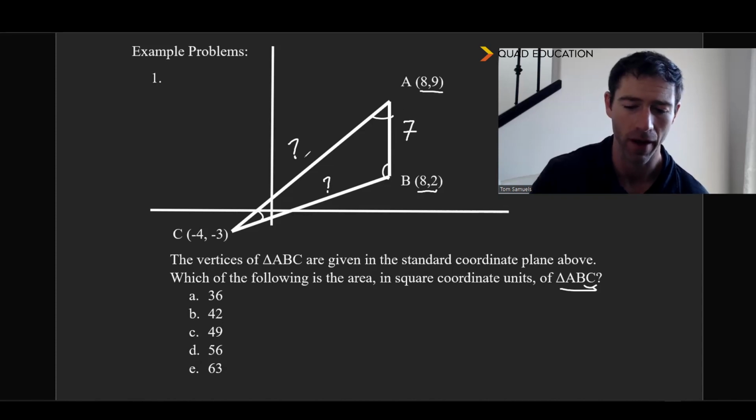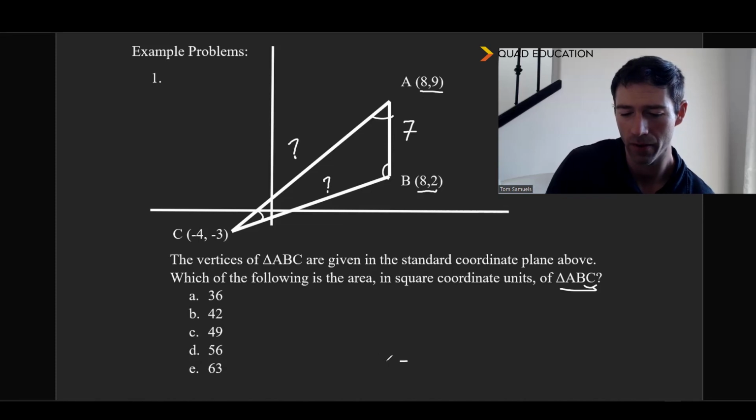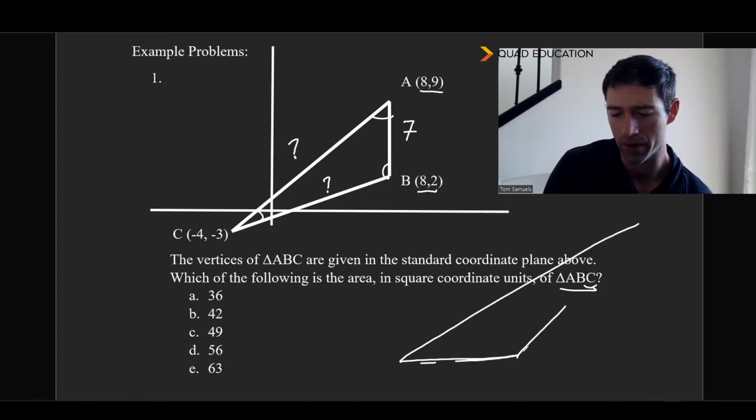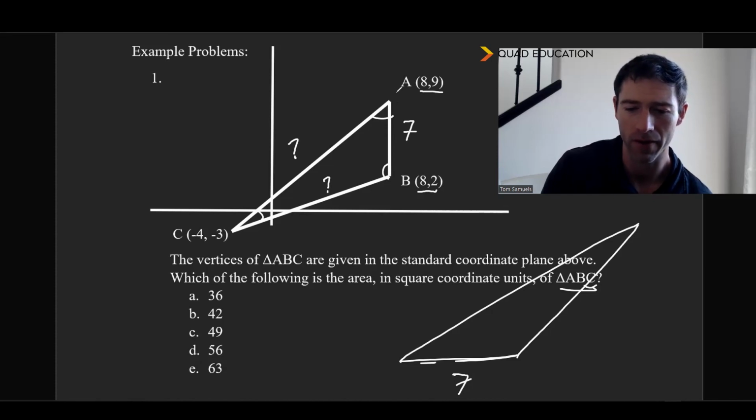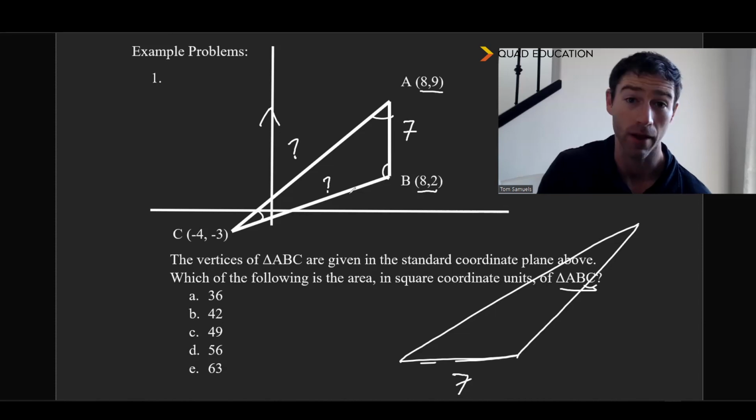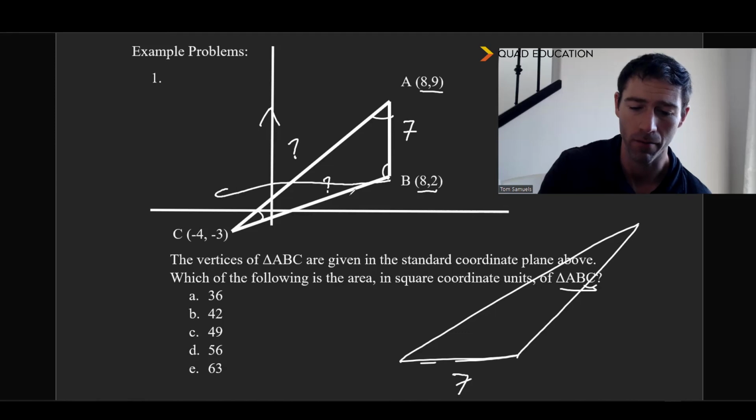And then we sort of in our minds realize that we can rotate this. There's something that looks sort of like this, where we have a base of 7. And then we think to ourselves, well, what's the height? Well, fortunately, we know that this right here is parallel to the y-axis, so that means that perpendicular to that must be the x-axis, which is to say that this way must be our height.